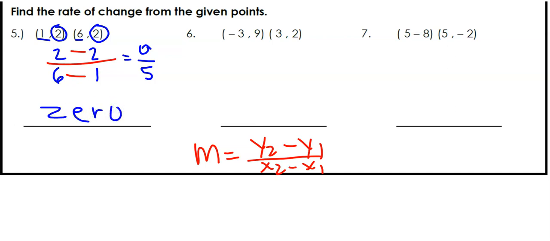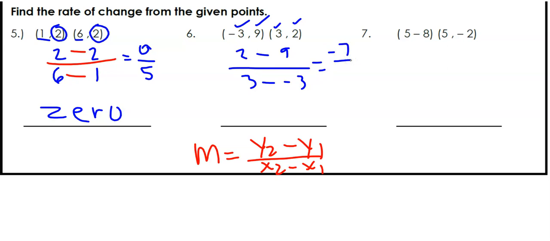Let's do our subtraction fraction for the second one. Y minus y is 2 minus 9, and x minus x is 3 minus a -3. Watch your double signs there. So we're going to get -7 over 6. So our answer here is the fraction, -7 over 6. Last one, set up your subtraction fraction, y minus y.